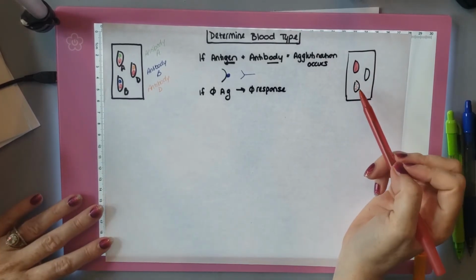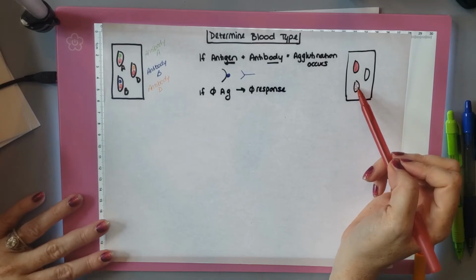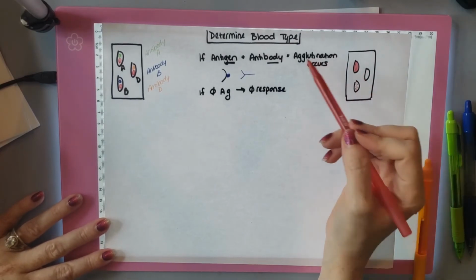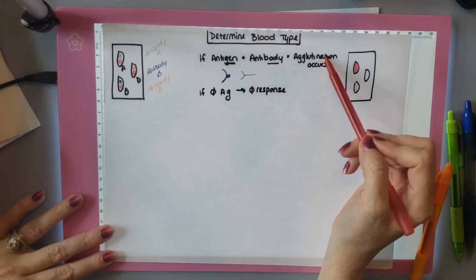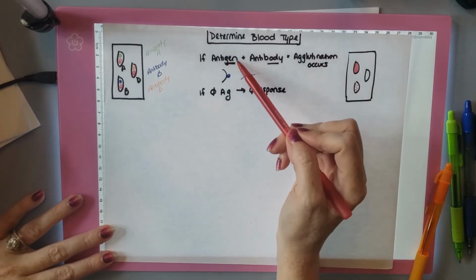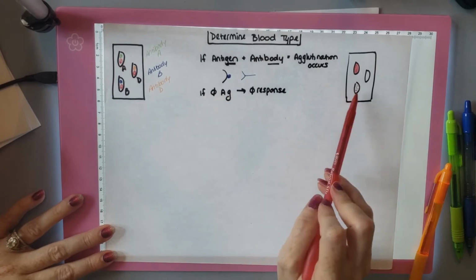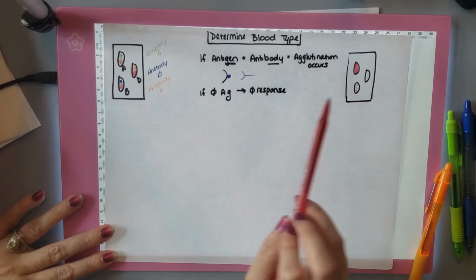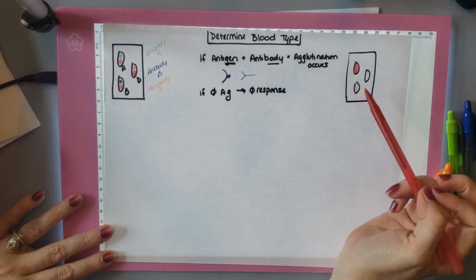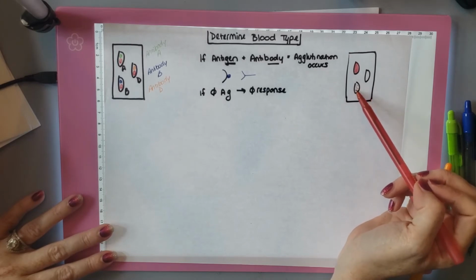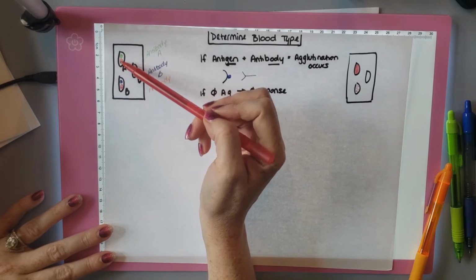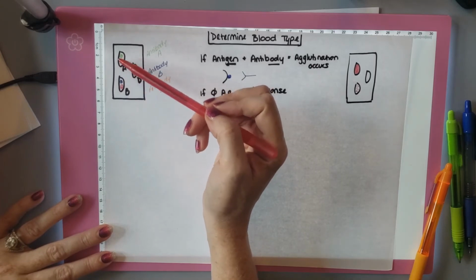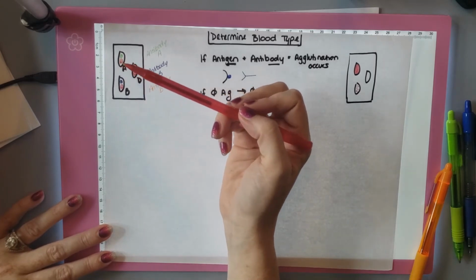So when you see this, you know that agglutination occurred, which means you know that there's that antigen in there. Because if there was no antigen, there would be no response. The antigen has to mix with the antibody for there to be agglutination. Okay, so if this had no antigen A, if it mixed with antibody A, it wouldn't make a difference, so it would be nice and smooth.